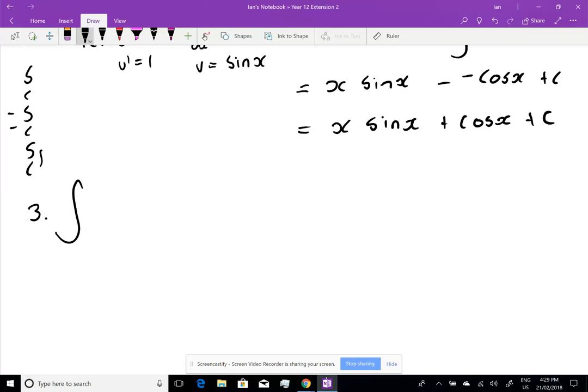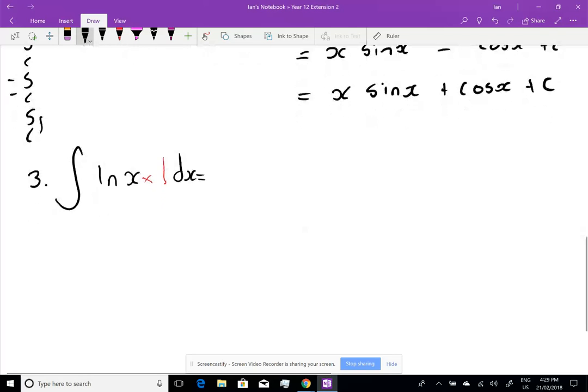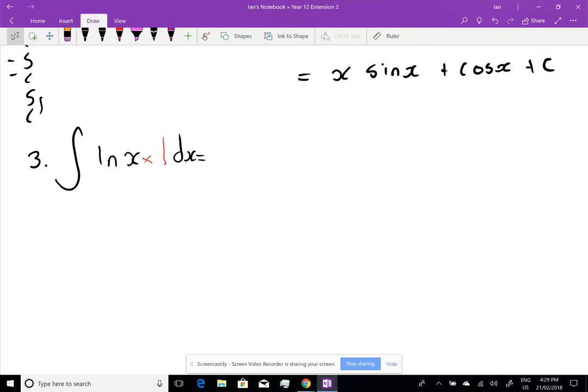The integral of ln x dx. Well, there's no two functions in there, but I'm going to put one in. I'm going to say times 1. Put my dx in. So what will I do?